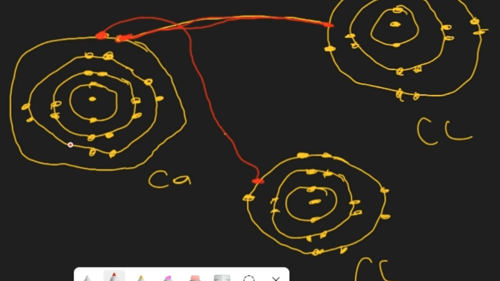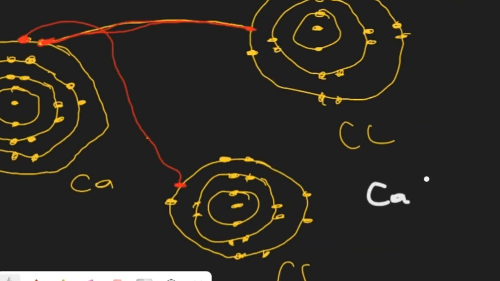One calcium atom needs to give out 2 electrons to 2 chlorine atoms, because a chlorine atom can only collect a maximum of 1 electron. So it needs to give it to 2 chlorine atoms. That is why the formula of calcium chloride is CaCl2. Do you understand?